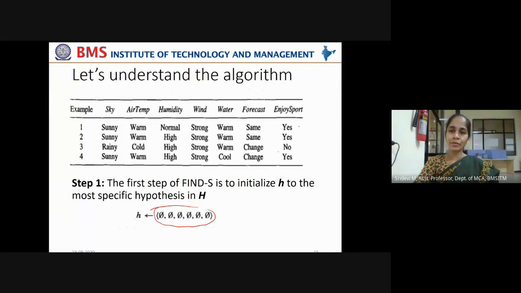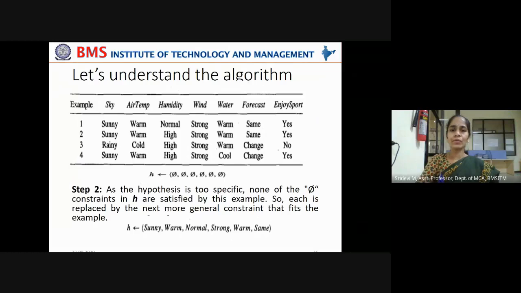Now you start with the instances. The first day's temperature varies, meaning not equal to phi. There are some conditions available for the attributes. So we can understand that your initial hypothesis is too specific, which doesn't predict anything positive. In the next step, we'll try to make it more general.